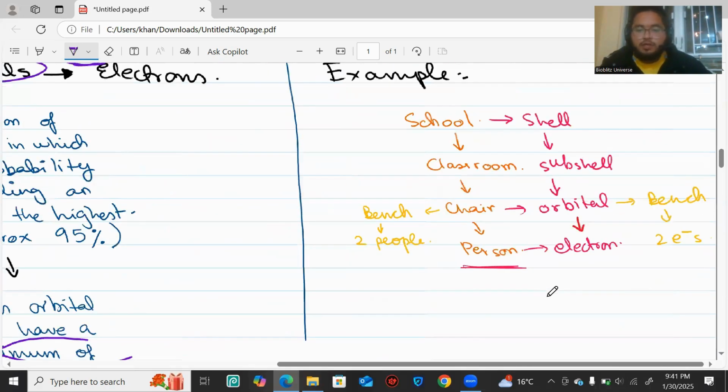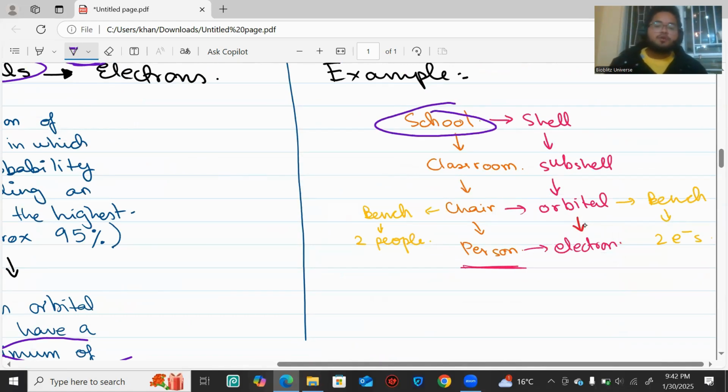Let's suppose your parent comes to the school and wants to find you in the school. How will they find you? The most probable place you will be is in the school. Then in the school, you'll be in the classroom. Then in the classroom, you'll be on a bench which can hold two people, sitting there, right?